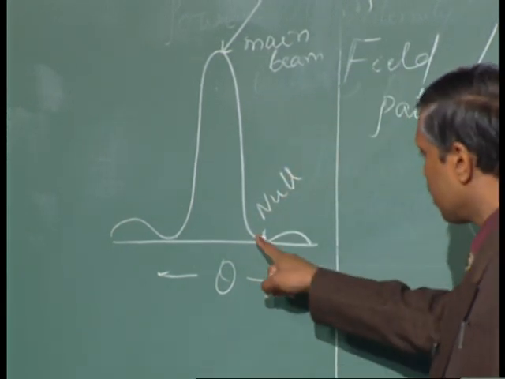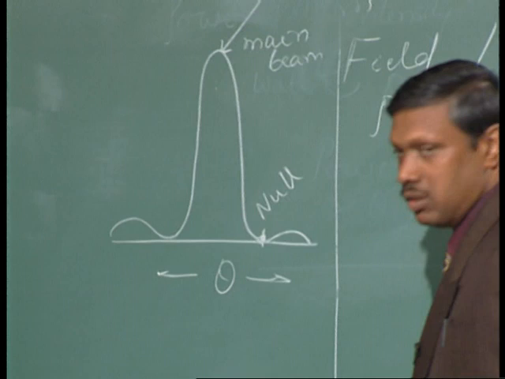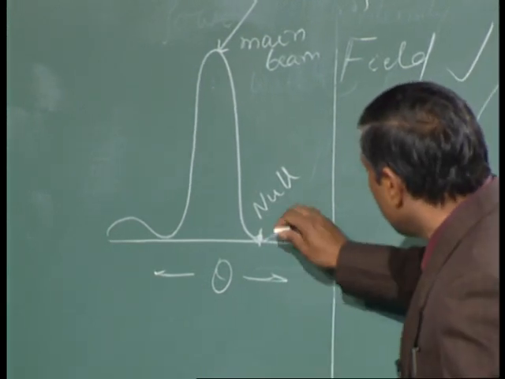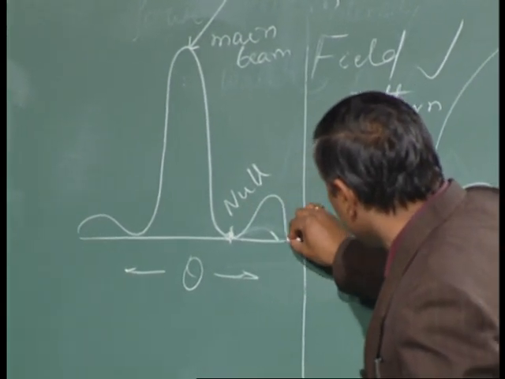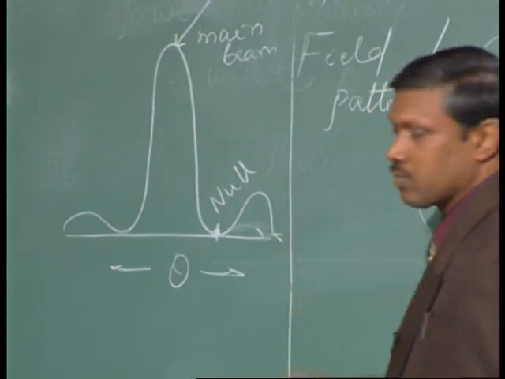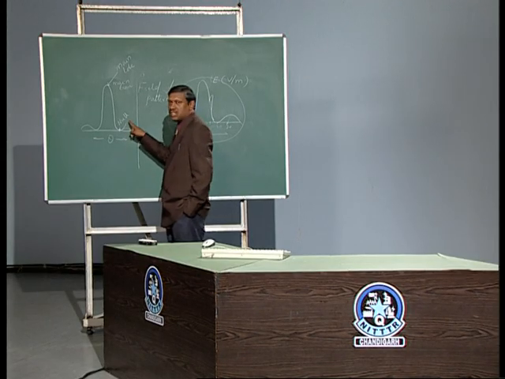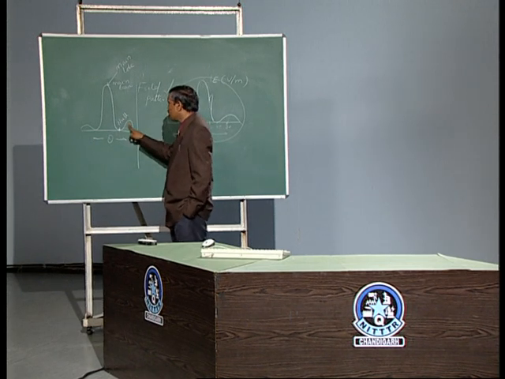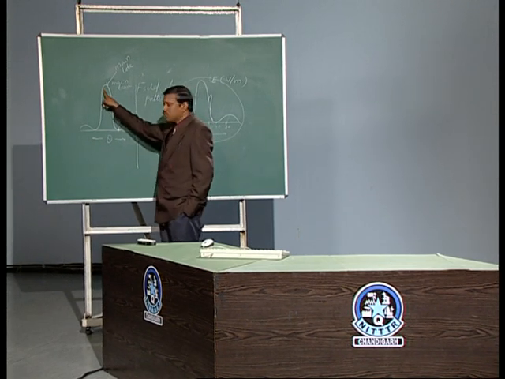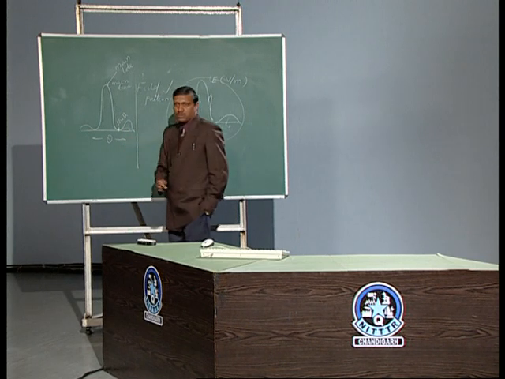So, after touching a null, again there is a distribution, the signal is getting distributed over a region in a particular direction, and this distribution is having a field strength or power which is not equal to the main lobe, but it is less than the main lobe.